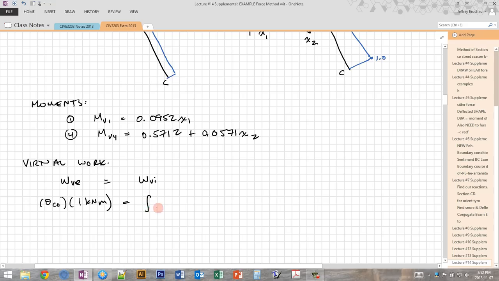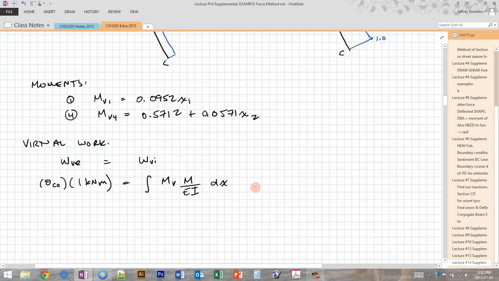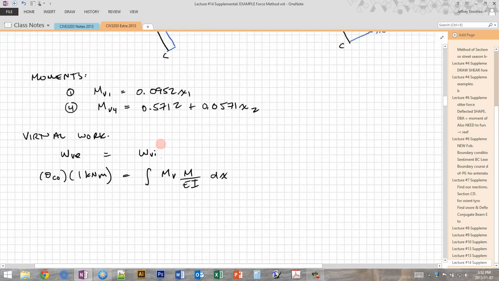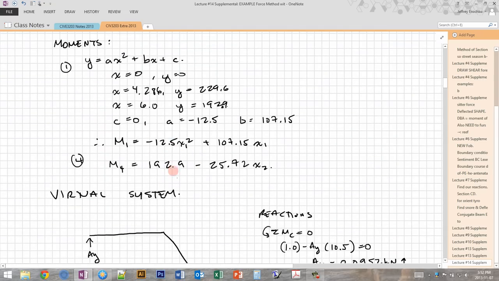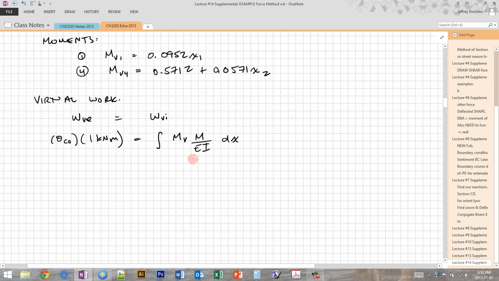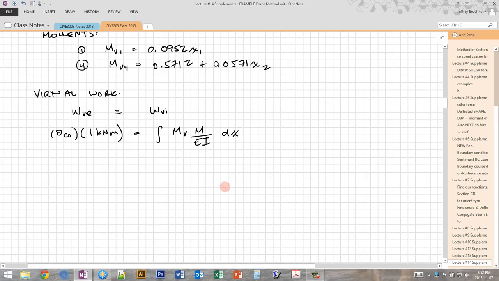This now equals the integration of the virtual moment, which is the virtual internal force, times the real curvature, which is our real internal deformation, dx. Okay, so these ones I've labeled mv because those are our virtual moments, and the previous ones I just labeled m because these are the real moments, and we divide the m by EI to get the curvature. So then we can solve this equation.